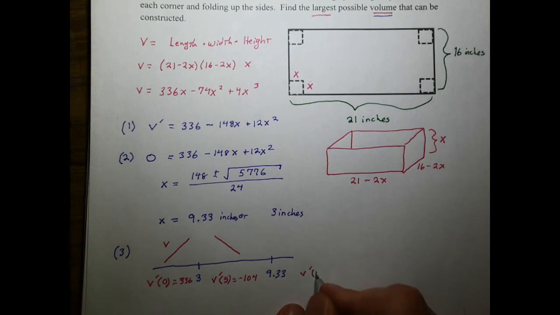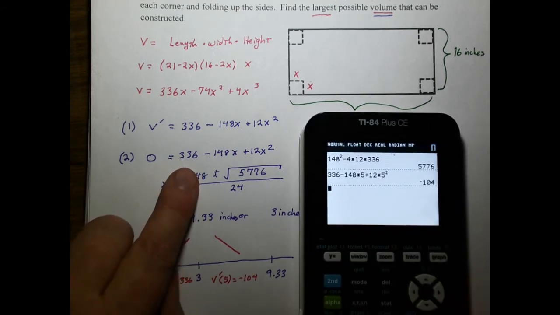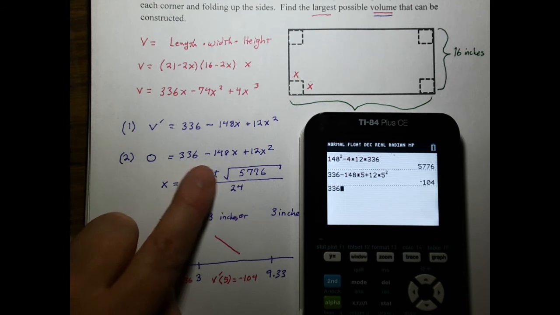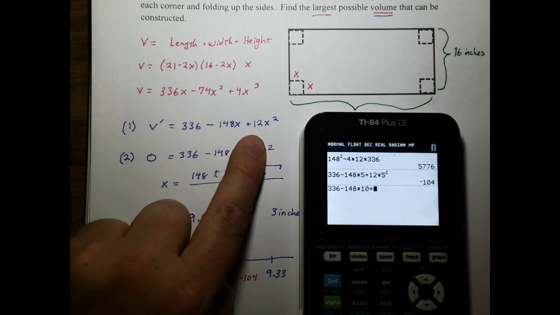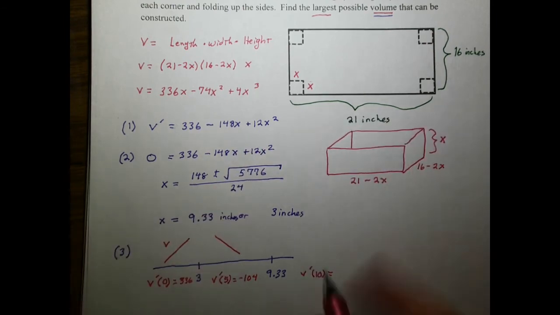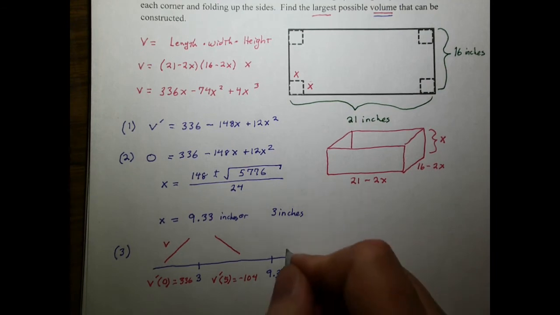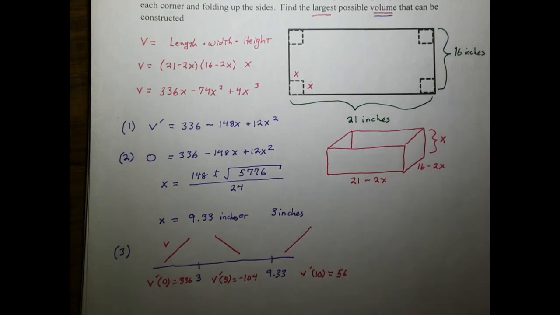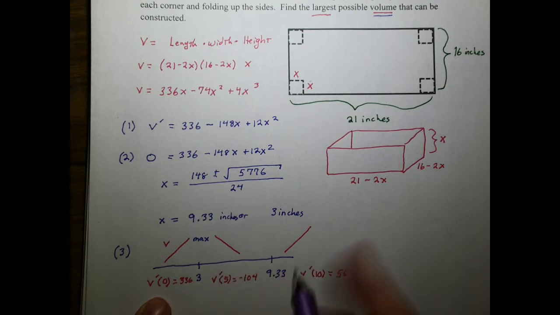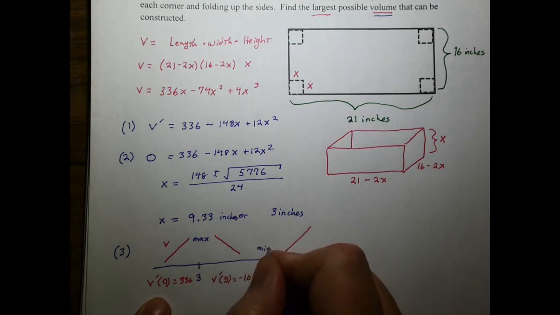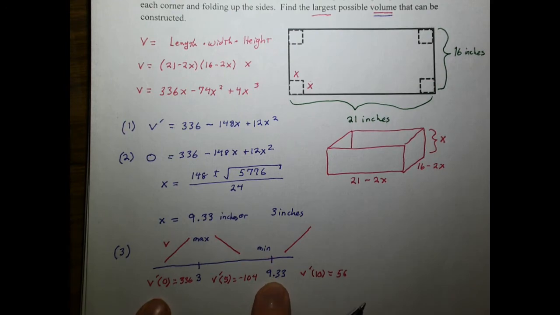And I'll test 10 into the derivative at the end here. 336 minus 148 times 10 plus 12 times 100. And we get 56. So the function's going up. So we have a relative max here when we cut 3 inches out of the cardboard, and a relative minimum when we cut about 9.33 inches.